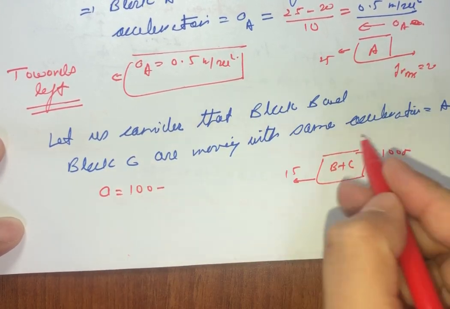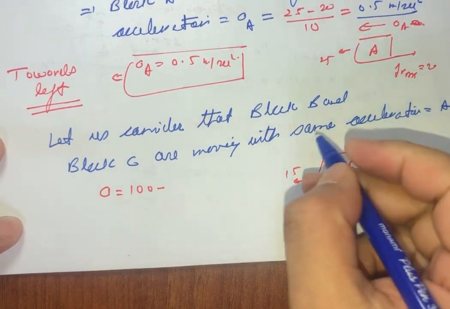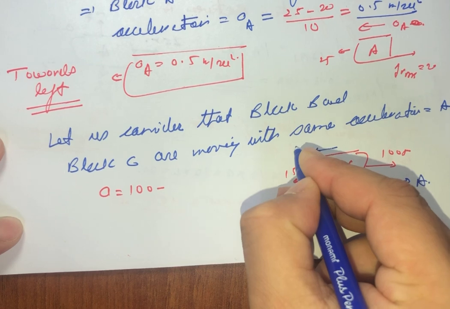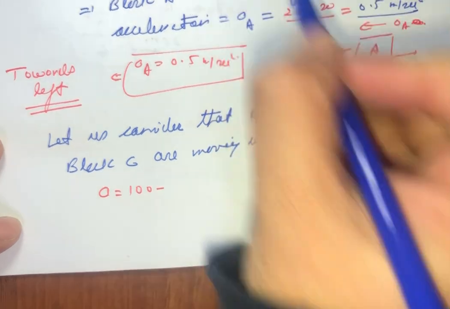100 minus, okay, if B and C are moving in this direction, I forgot to mention that there is a friction force also, that is FAB, and FAB we already concluded its value is equal to 20 Newton.